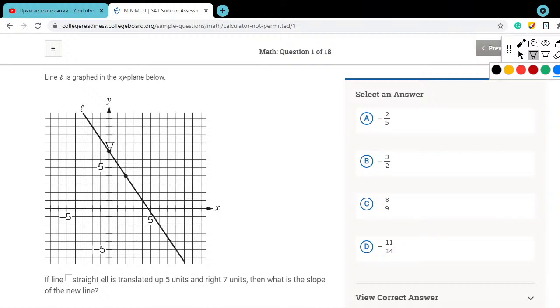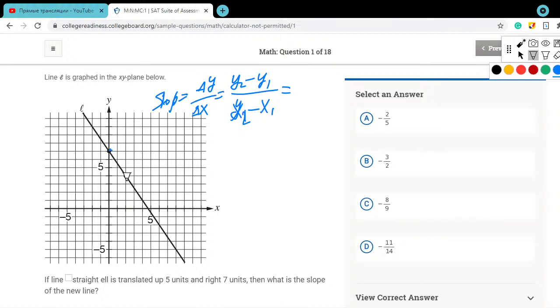They already gave us 2 points to find the slope. What is the slope? Slope is delta y divided by delta x. So change in y divided by change in x, or y2 minus y1 divided by x2 minus x1. They already gave us 2 points.